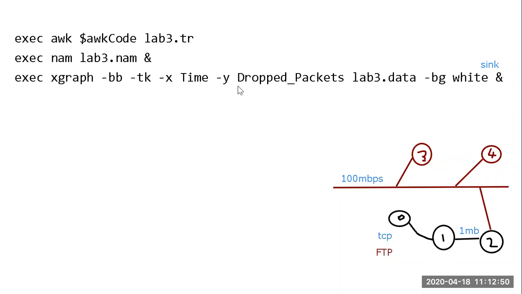X-axis is time, Y-axis is dropped packets. The graph will be plotted based on lab3.data with the background color as white, and it is running with an ampersand, in the sense in the background. So that is the concept.